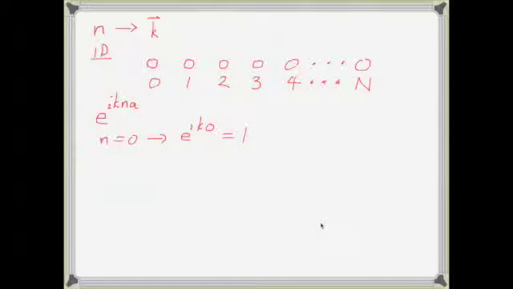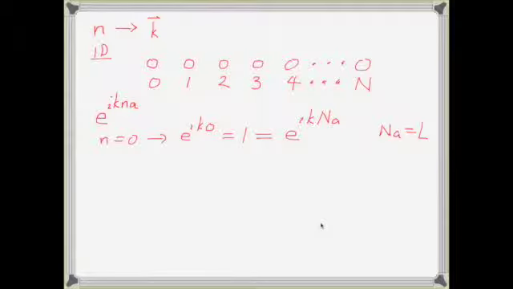So the phase of the n equals 0 atom is 1. And that, for our periodic boundary conditions, also has to be the phase of the last atom, which is e to the i k N times a. And note that N a is equal to the length of your chain. Right? a is the spacing, so N a would be the length of your chain.